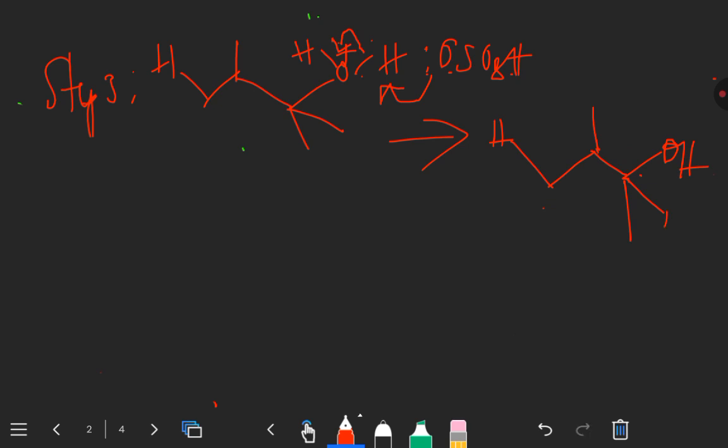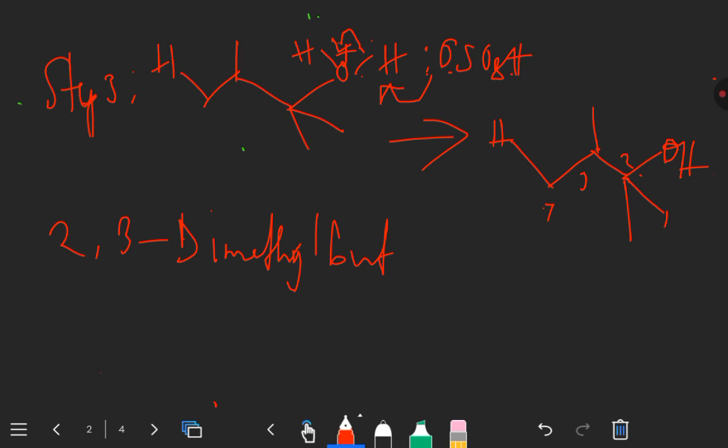So we'll count from 1, 2, 3, 4. So at carbon number 2, that's where we have an alcohol, and this is but. So at carbon number 2 we have a methyl. At carbon number 3 we have a methyl. So we're going to say 2, 3. Because we have 2 methyl, we are going to call it dimethyl. Then this is a but because it has 4 carbons.